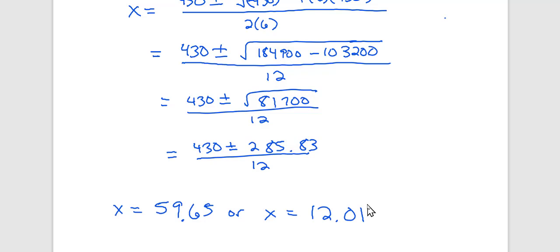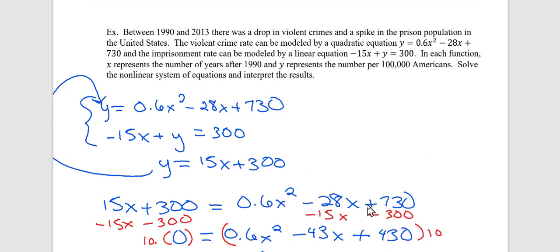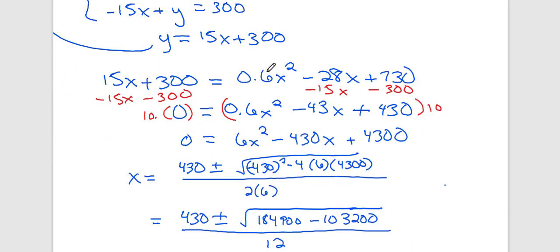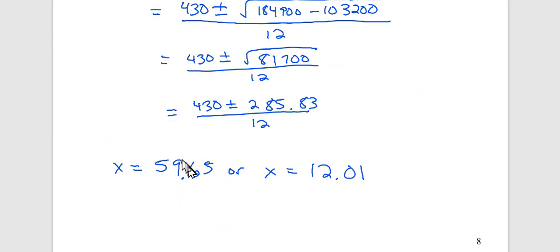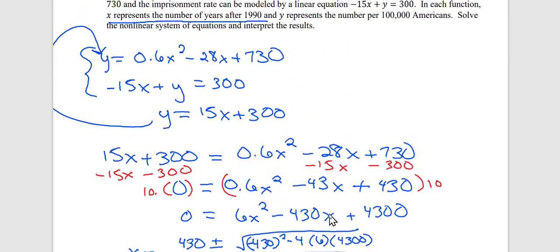Let's go up and reread our question, reread what this x represents, and see what makes sense here. x represents the number of years after 1990. So 60 years after 1990 would be the year 2050, or 12 years after 1990 would be the year 2002.